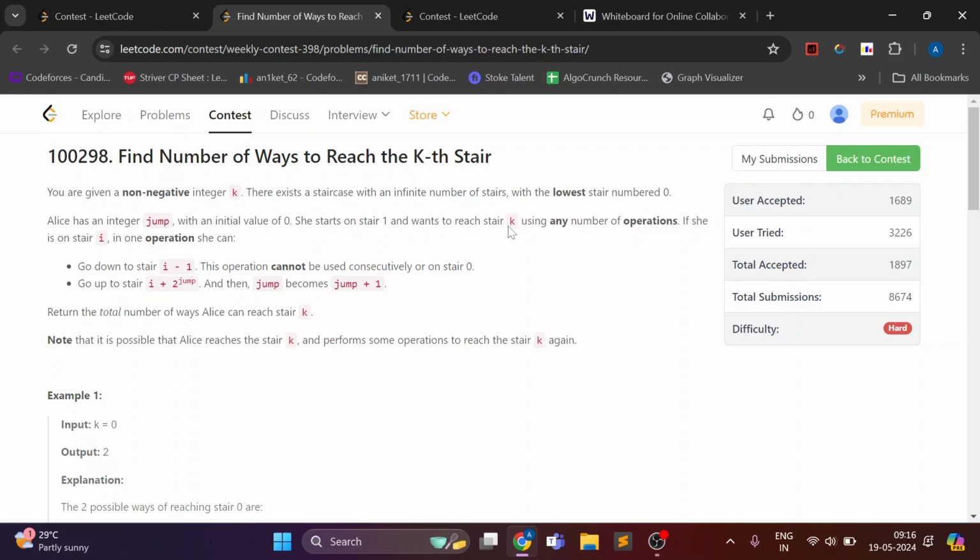The second type is go up to stair i plus 2 raised to power jump, skipping 2 raised to power jump stairs, and after performing this, jump is incremented, and initially the jump value is 0. Now we have to find the number of ways such that Alice can reach stair k.